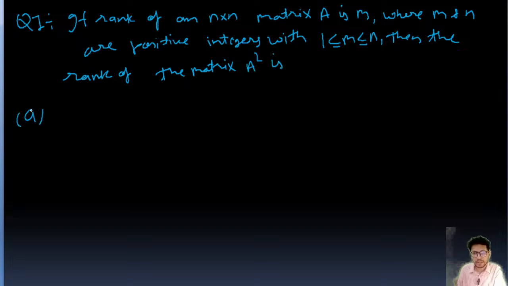Options: A is M, option B is M minus 1, option C is 2M, and option D is M minus 2.